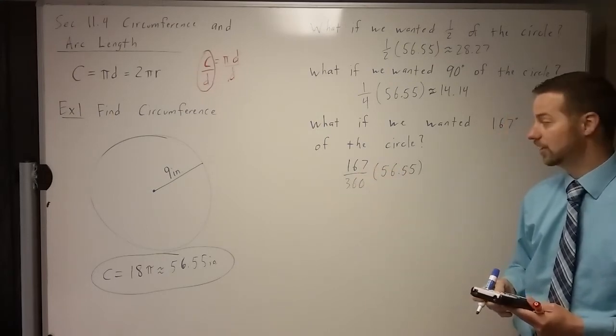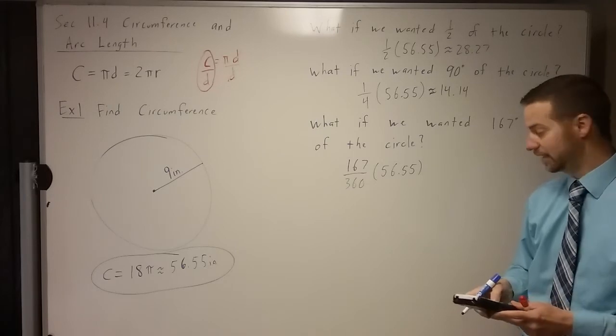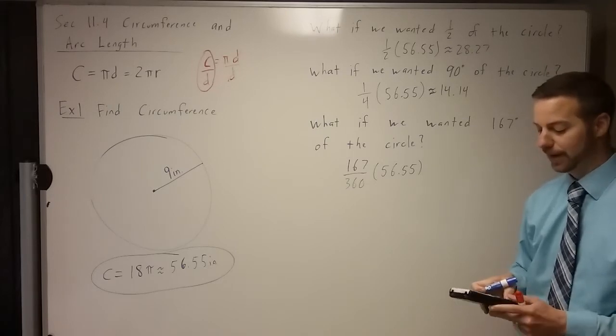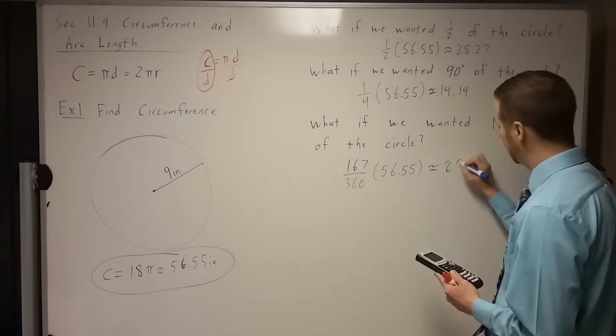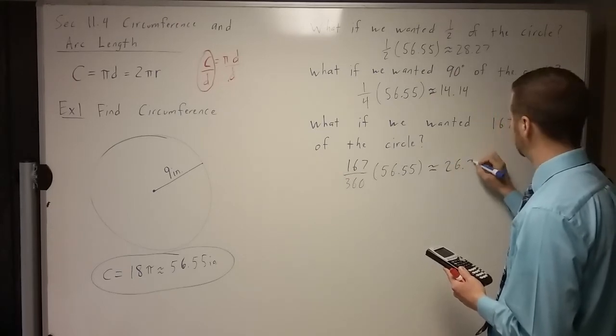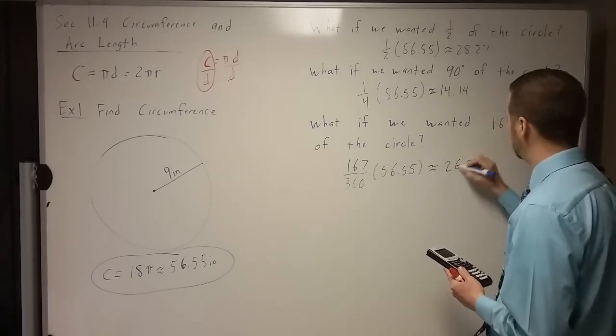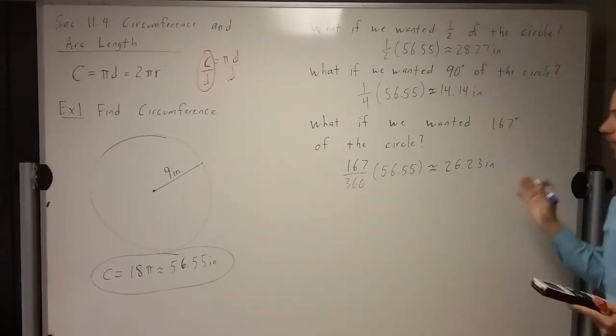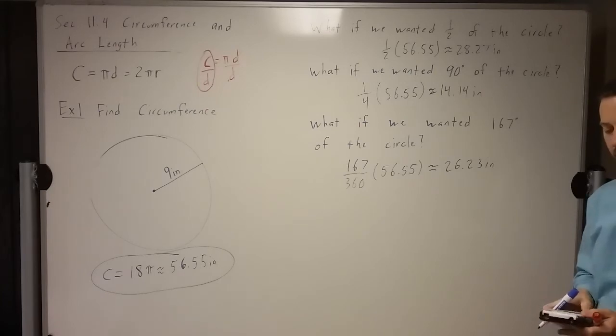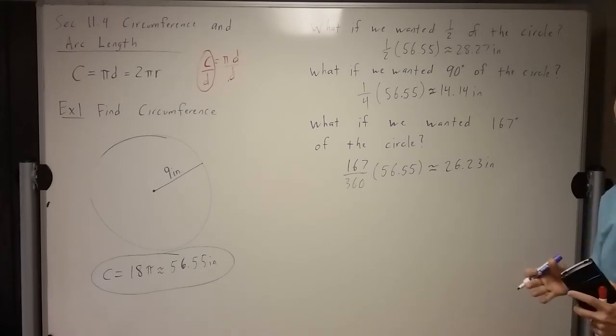You could just do 167 divided by 360, and then take that decimal times the 56.55. That would work as well. If I do that, this is about 26.23 inches. And all these are inches, so I'm going to go ahead and put the units on there. All right, so that's how we find the length of a portion of the circle.